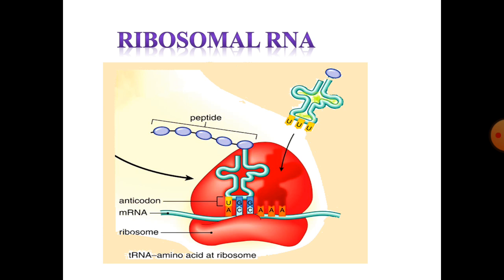The larger and the smaller subunits exist separately in the cell, and only assemble during the process of translation by signaling and chemical stimulations. Ribosomal RNA is generally found within the ribosome, which in turn is present on the endoplasmic reticulum.